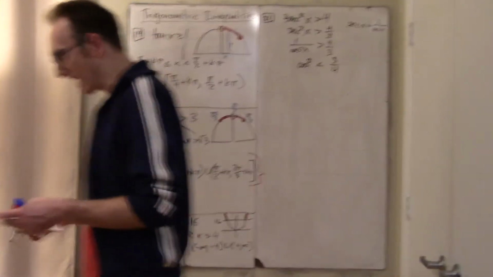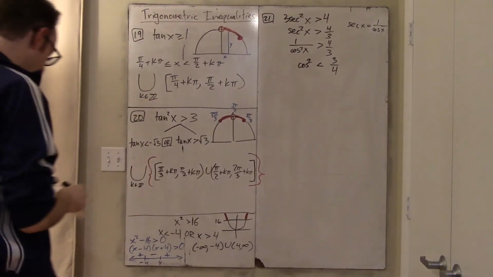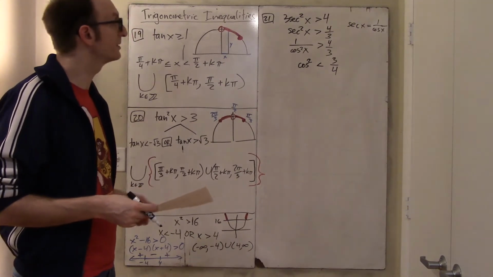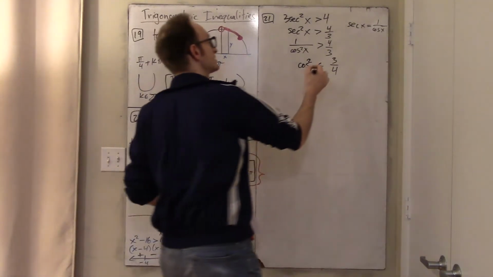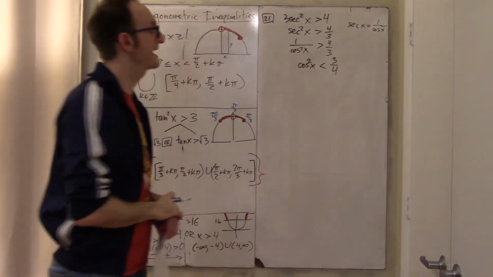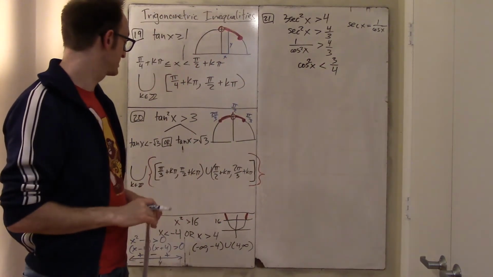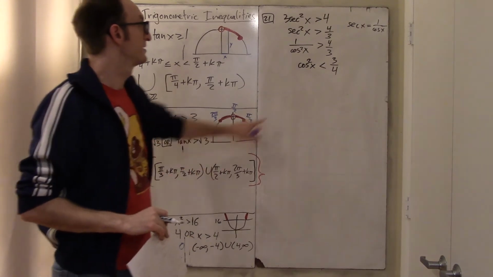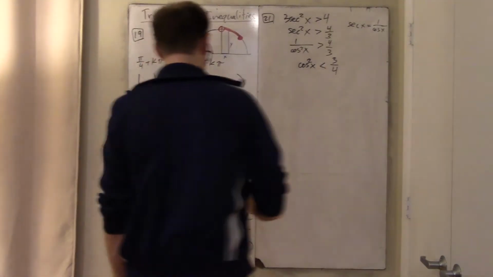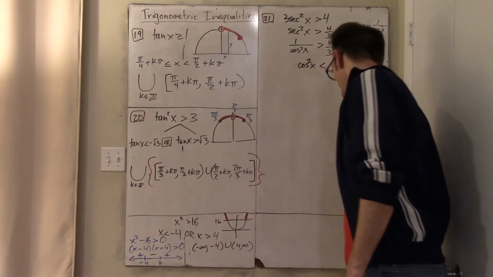And now I've got it down to a very manageable and pretty easy problem. When is cosine squared less than 3/4? And the answer is, just like before, this is now the reverse of the problems that we were just doing over here. Maybe I'll do this or something.